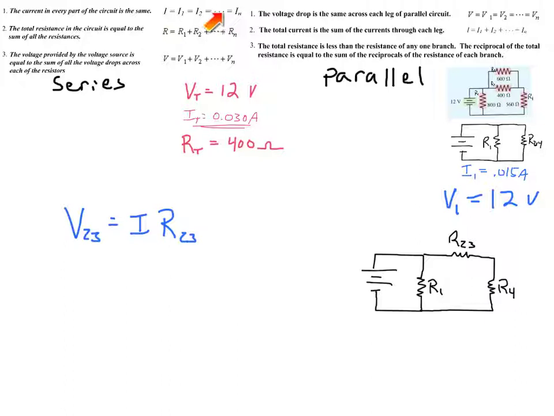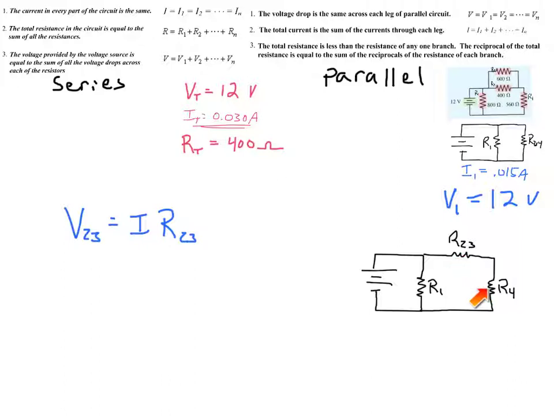So the 0.015 amps that goes through R1 also goes through R234. R23 and R4 are in series, so 0.015 amps go through here. However, voltage drops add up for resistors in series. So while there's 12 volts here, there's not going to be a 12 volt voltage drop through these two resistors. We have to figure them out separately.